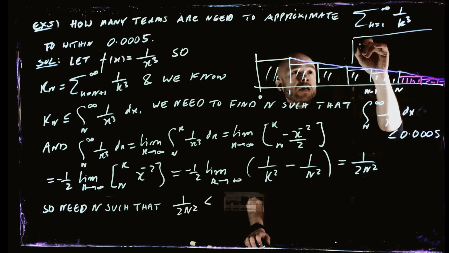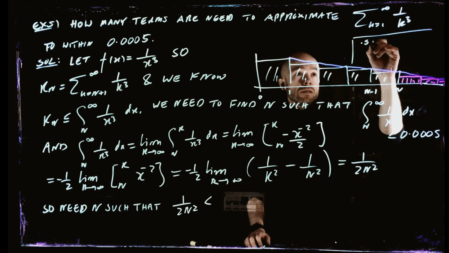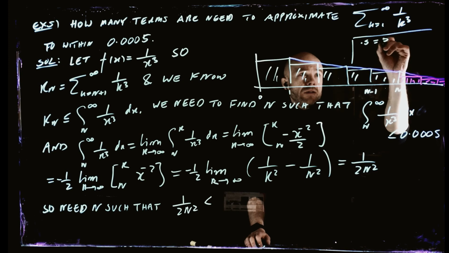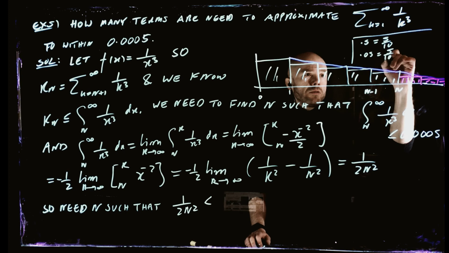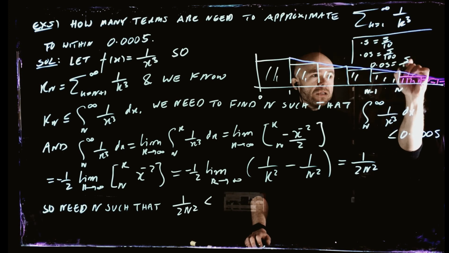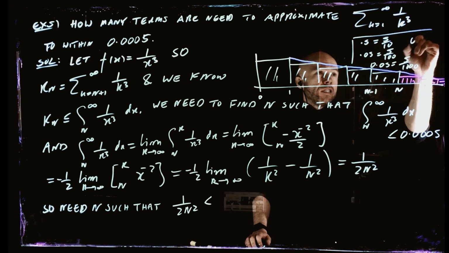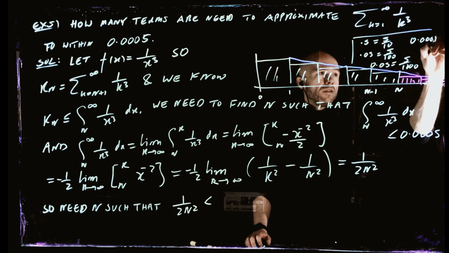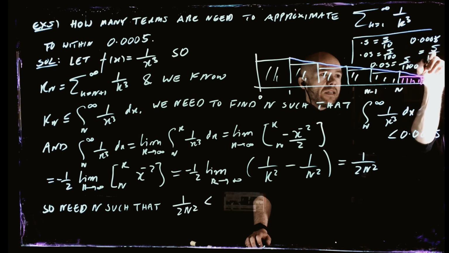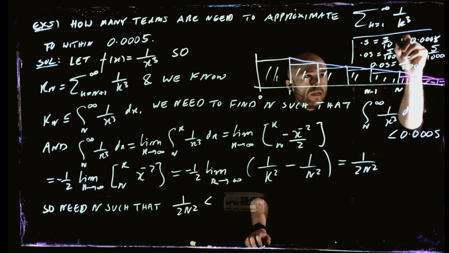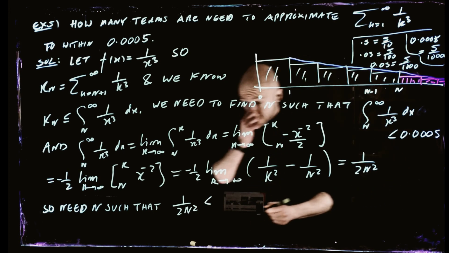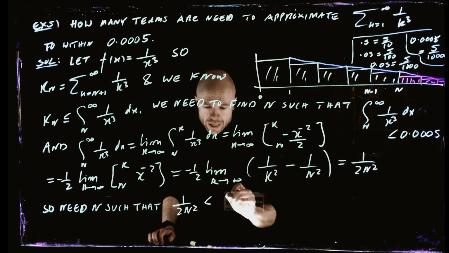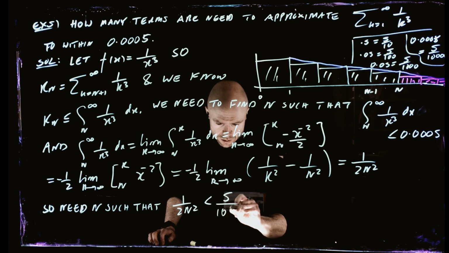We know that 0.5 is the same as 5 over 10. 0.05 is the same as 5 over 100. 0.005 is the same as 5 over 1,000. So finally, 0.0005 is the same as 5 over 10,000. Maybe you can do this instantly, but I always want to check it. So we want this thing to be less than 5 over 10,000.